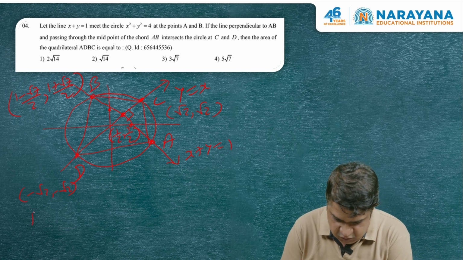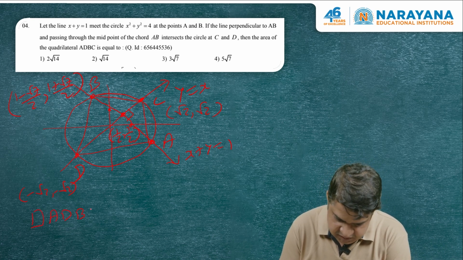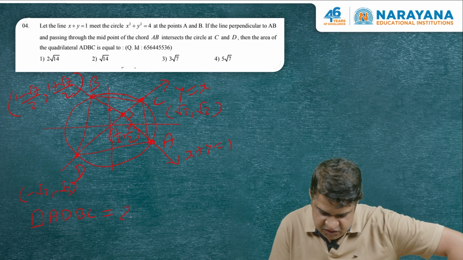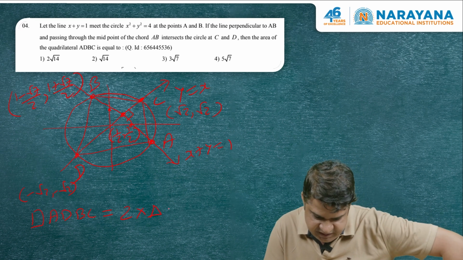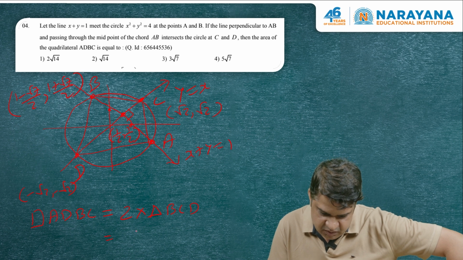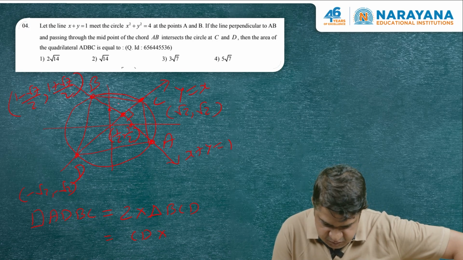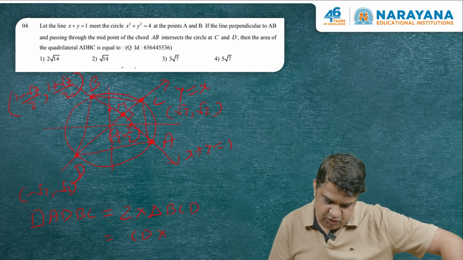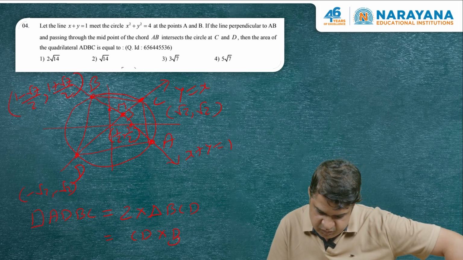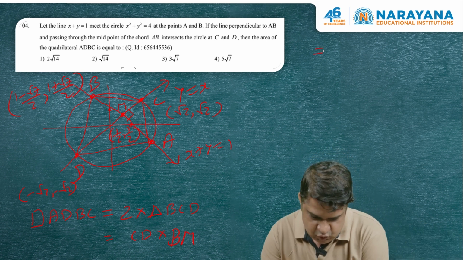We need the area of quadrilateral ADBC, which is obviously 2 times the area of triangle BCD. That becomes equal to CD into BM, if I name the point of intersection as M. Now, we have to calculate CD into BM.